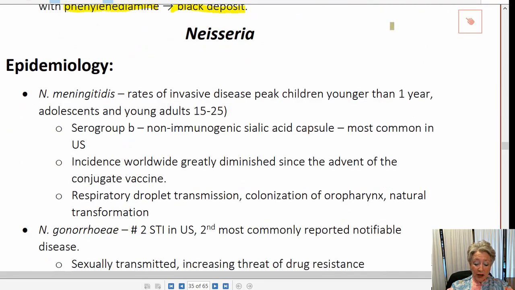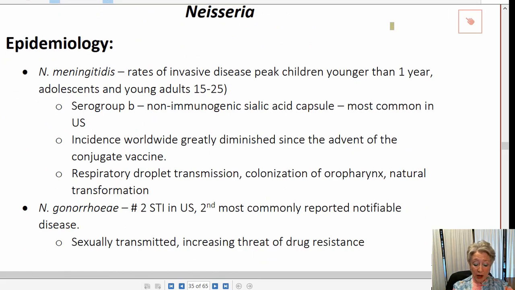So, speaking of Neisseria, realize we have Neisseria meningitidis and Neisseria gonorrhoeae as our two groups. The rates of infectious disease with Neisseria meningitidis are basically in those younger than a year, and then again in adolescents and young adults. So it's a bimodal distribution. The one that is the most common problem in the United States is serogroup B. And remember, that has a sialic acid capsule.